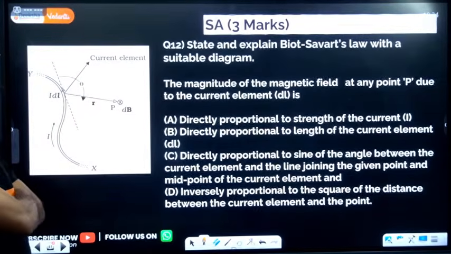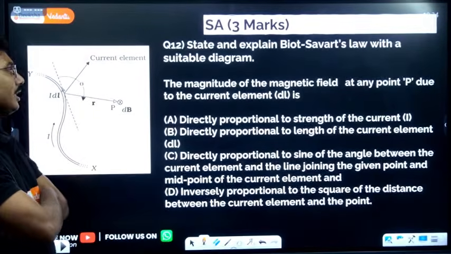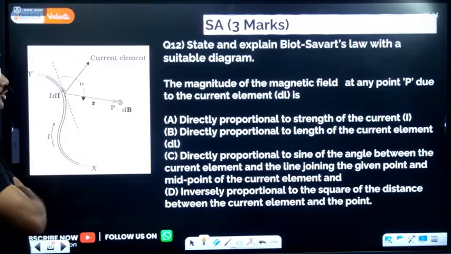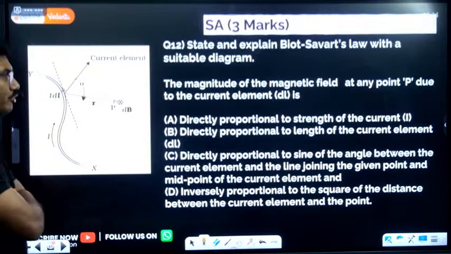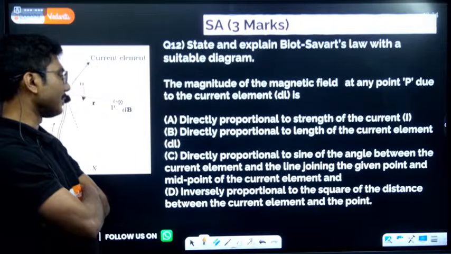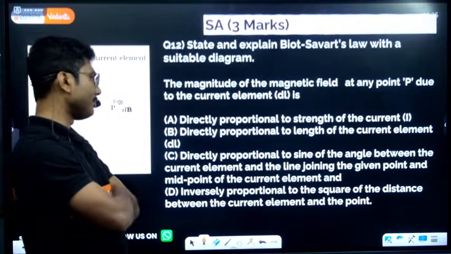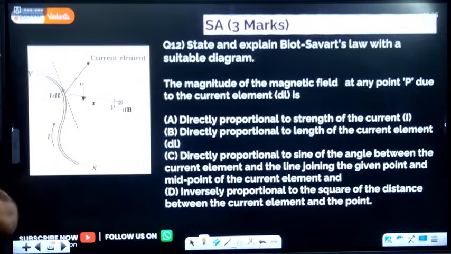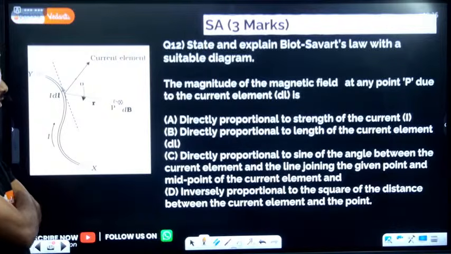The magnitude of magnetic field at any point P due to the current element dl is directly proportional to the strength of the current I, directly proportional to the length of the current element dl, directly proportional to the sine of the angle between the current element and the line joining the given point and midpoint of the current element, and inversely proportional to the square of the distance between the current element and the point.